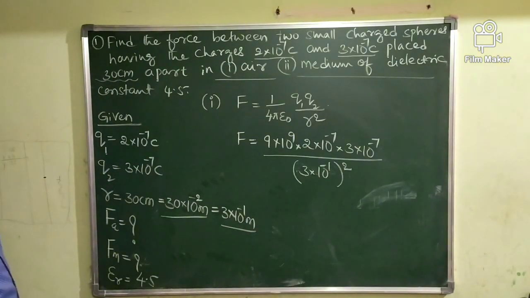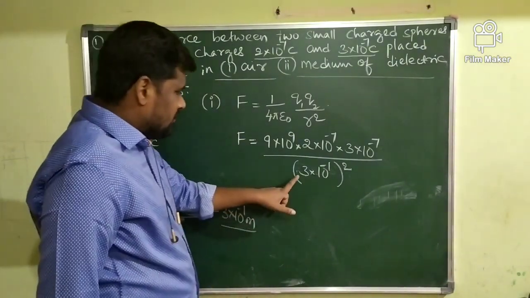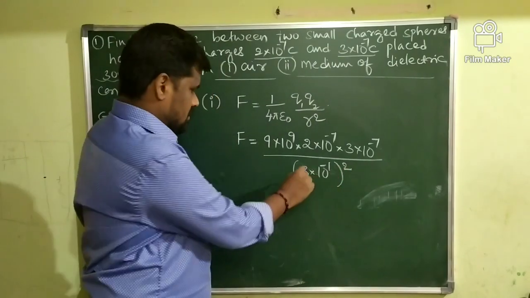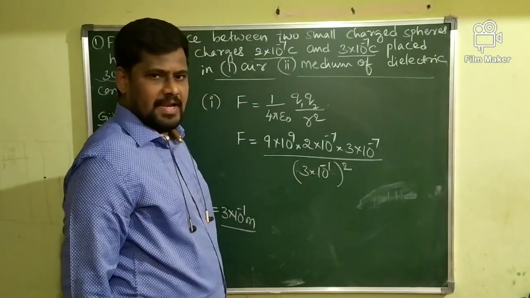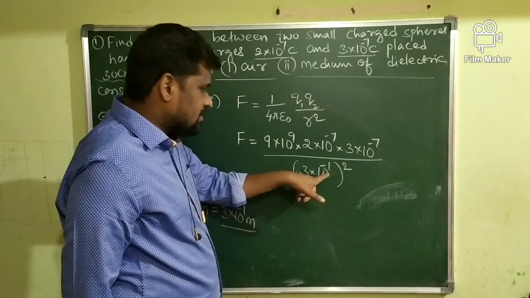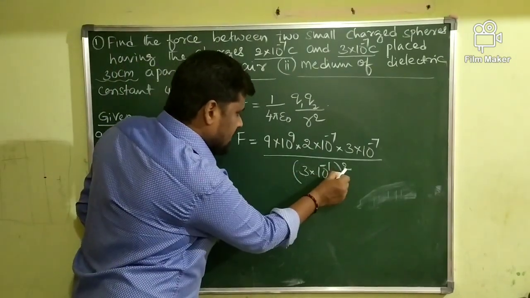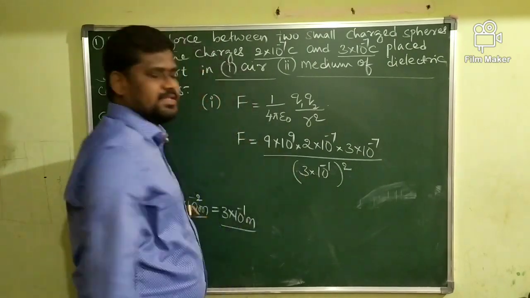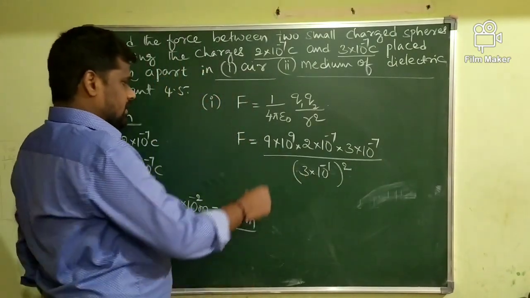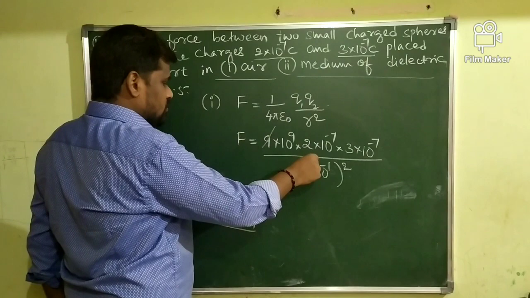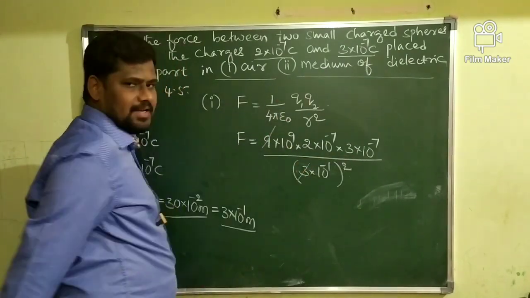Okay, next go for simplification. 3 square is 9. 10 power minus 1 whole square is 10 power minus 2. 3 square is 9 and that 9 will get cancelled with this 9. Look at the concentrate here. 9 and square of 3 gets cancelled.